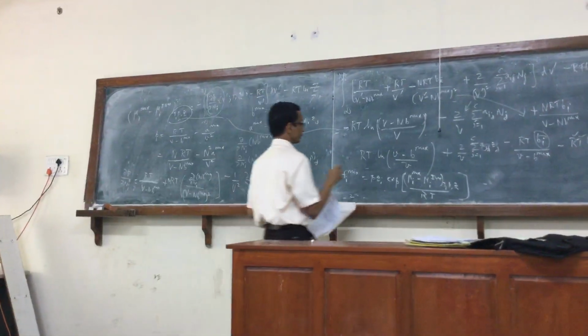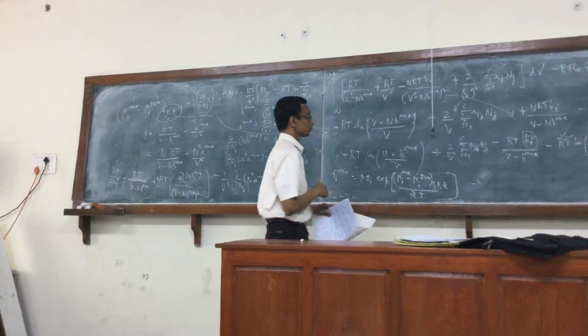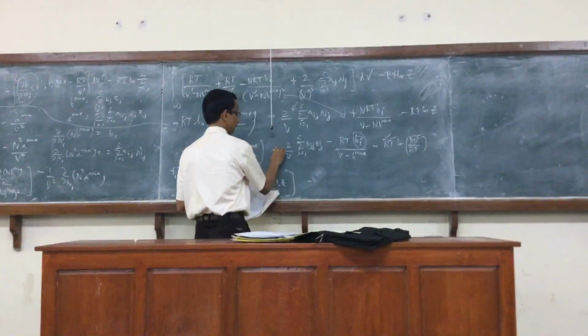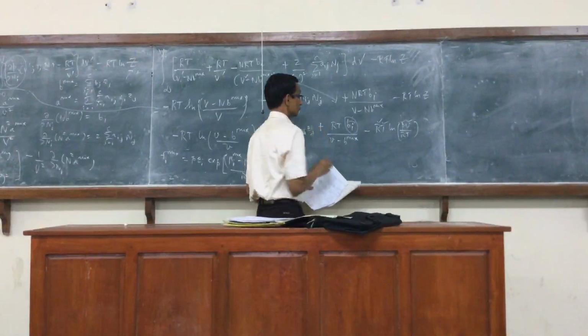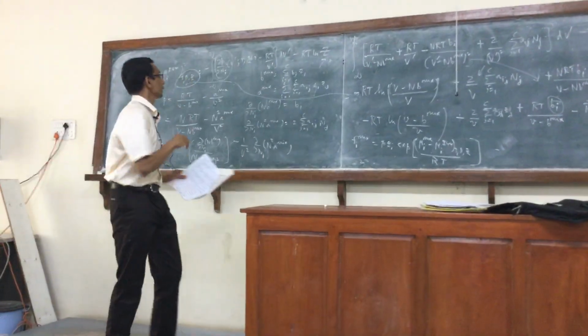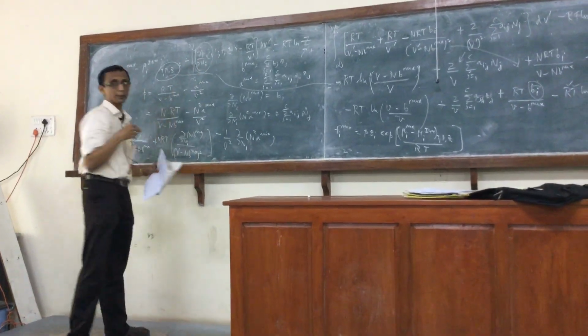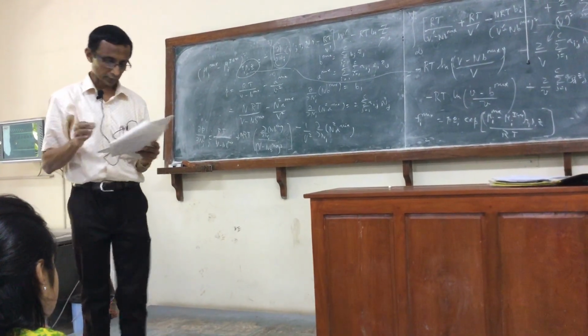So let me rewrite this. So this will now be minus, and then plus, and then minus. Yeah, you're right. So there is an error here with the sign. So this is actually RT by V minus dP by dn_i. So we've got the answer.